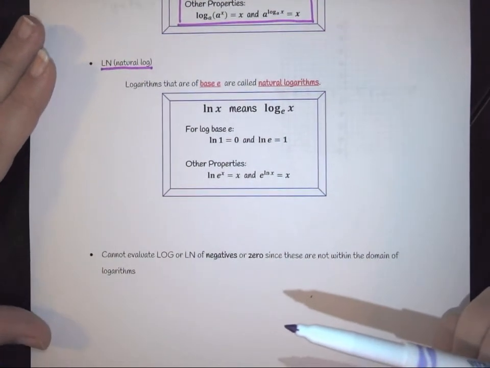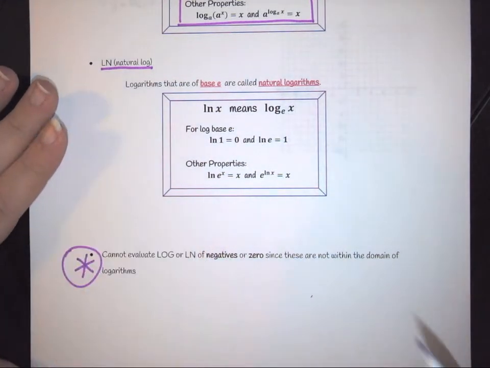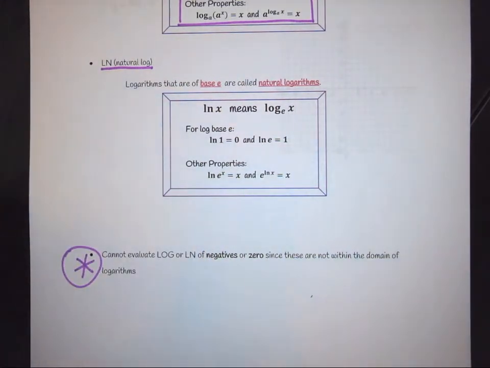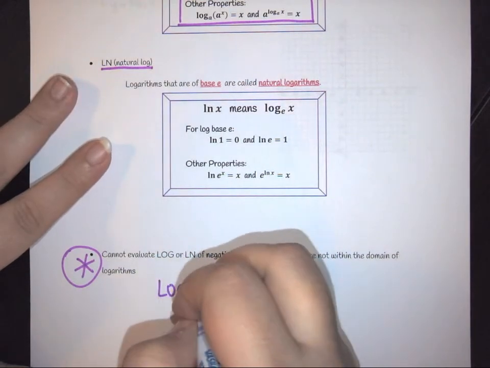The biggest thing that we have to keep in mind is this property down here that says you cannot evaluate a log or a natural log of negatives or of 0 since they do not fall within your domain.